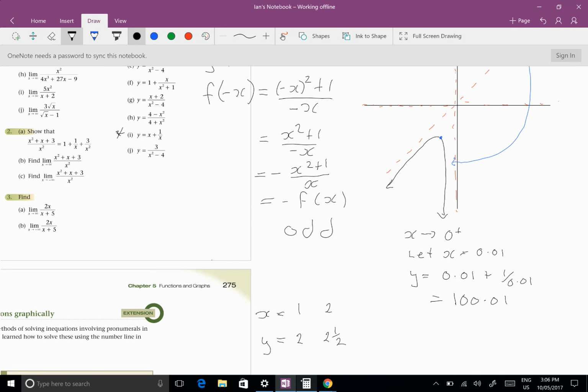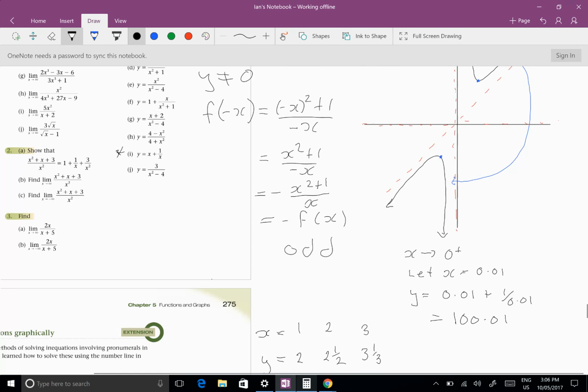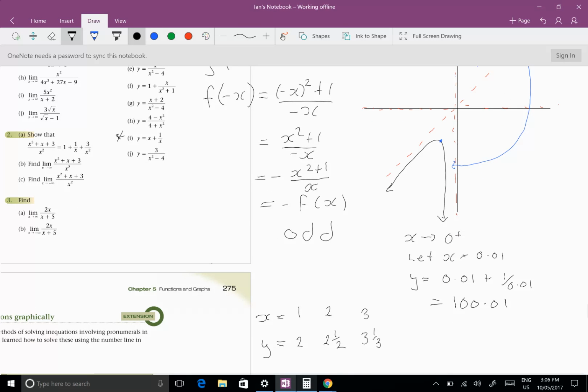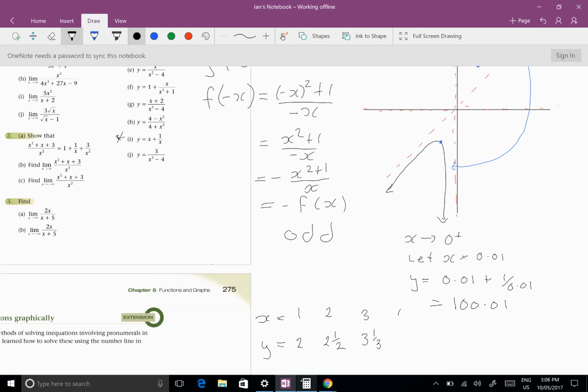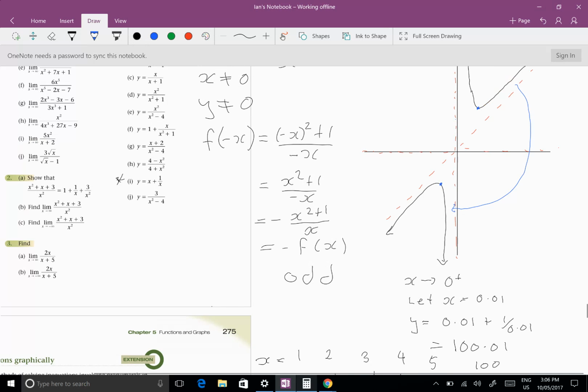Pick 3 for x, and I'd get 3 plus a third. And as you can see, that reinforces what I was doing. It's getting closer and closer to the original one. So 4, 4 and a quarter, 5, 5 and a fifth, 100, 100 and a hundredth. And you can see what's happening.